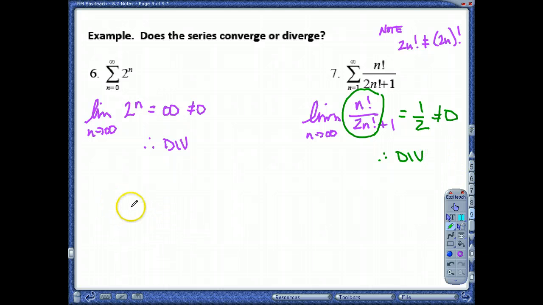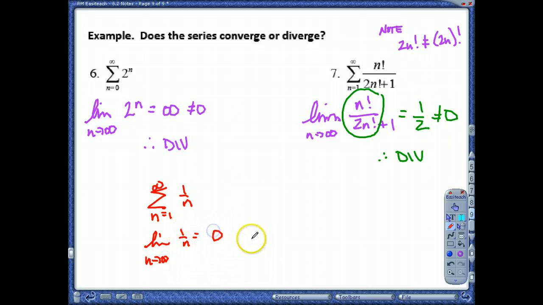Now, just to give you an example of one that throws us for a loop, if I had the series of 1 over n, I would look at the limit as n approaches infinity of 1 over n. Well, that would go to 0.